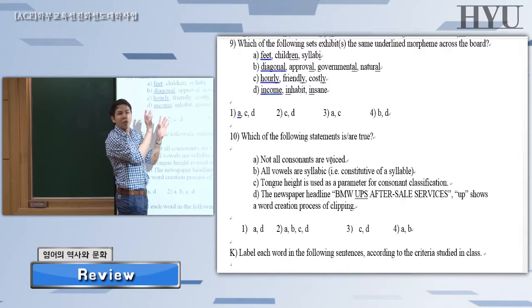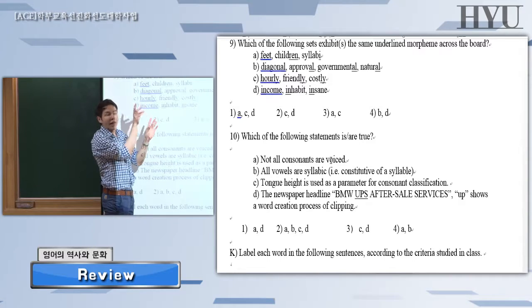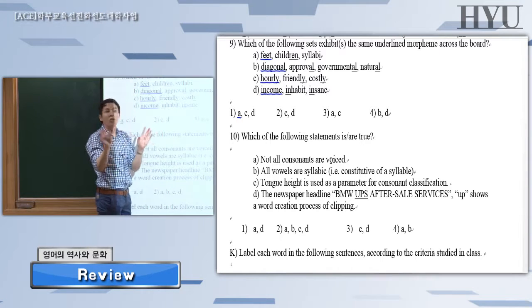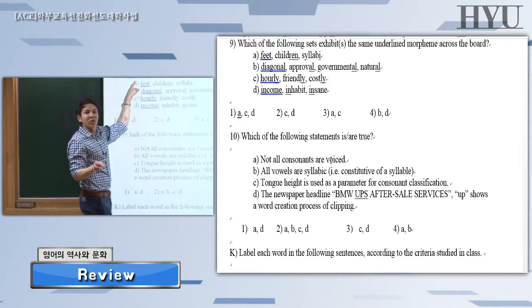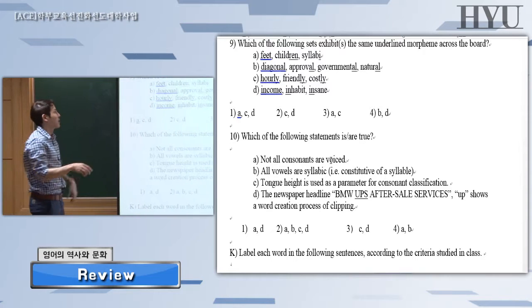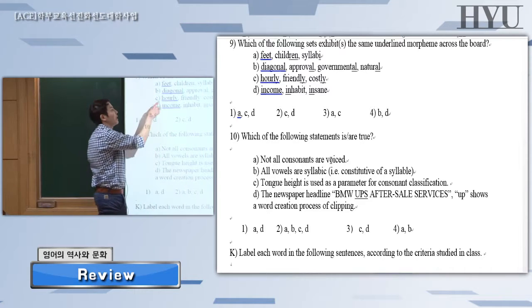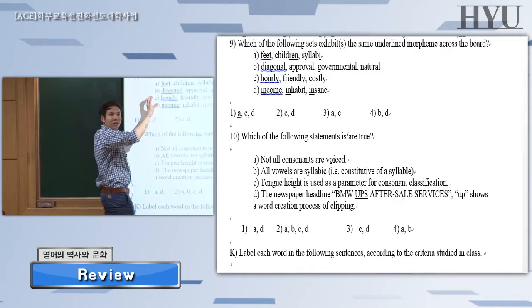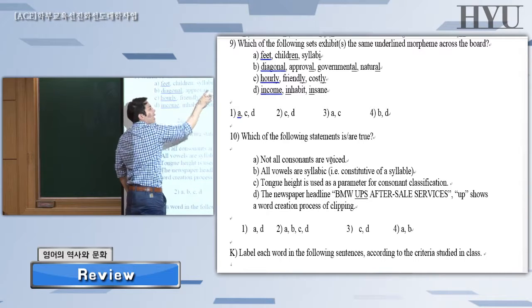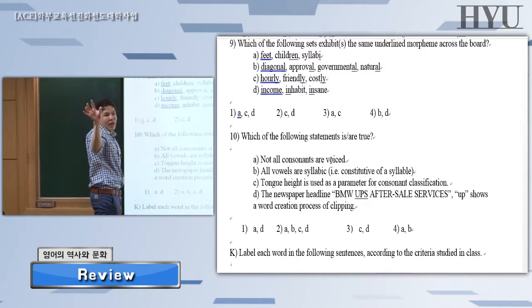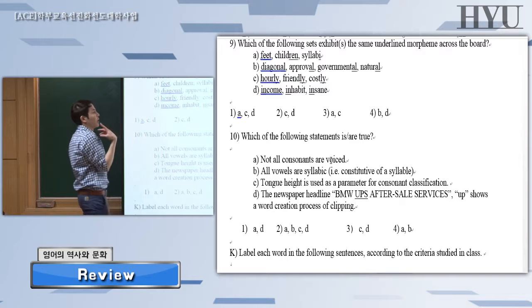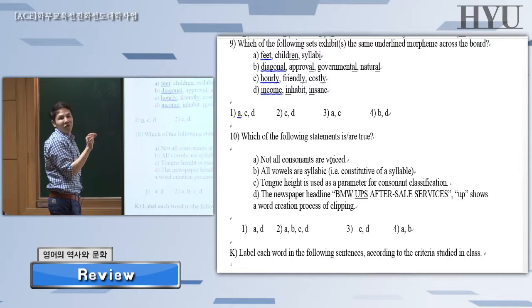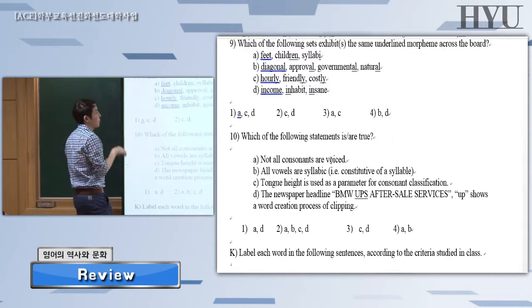Syllabi, from the word syllabus, the I here is the plural morpheme. So A is correct, because we have 2 morphemes in each word. Feet comes from foot and plural, children from child and plural, syllabi from syllabus plus I. So at least we have a plural morpheme across the board.